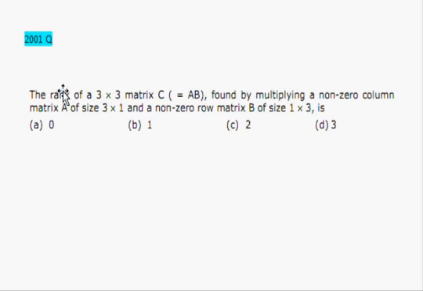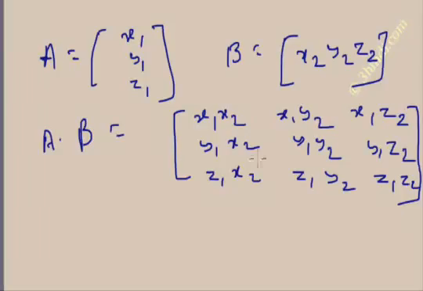Here is another question of 2001. The rank of a 3 by 3 matrix is found by multiplying a non-zero column matrix A of size 3 by 1 and a non-zero row matrix B of size 1 by 3. You are required to find the rank. Suppose A is a column matrix with elements x1, y1, z1, and B is a row matrix with elements x2, y2, z2.